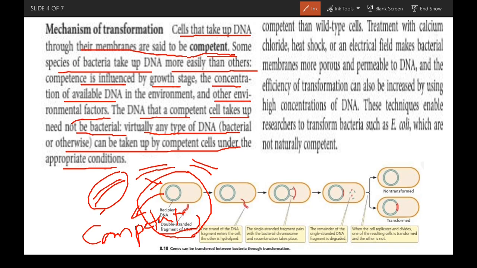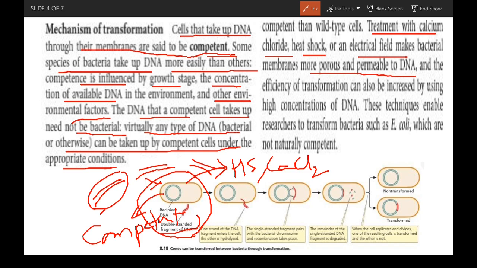The next thing is that treatment with calcium chloride, heat shock or an electrical field makes bacterial membranes more porous and permeable to DNA. So if a cell is non-competent, that is, it is not taking up DNA from its surroundings, we can treat this cell with heat shock, calcium chloride, etc., or an electrical field, right?